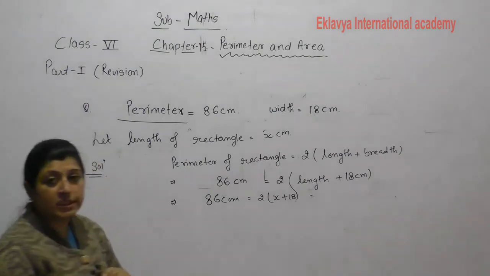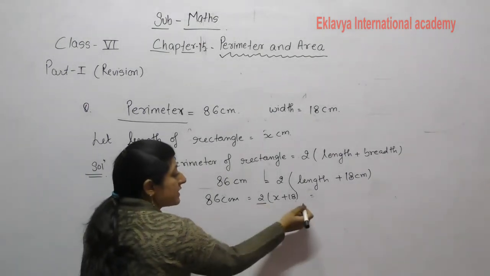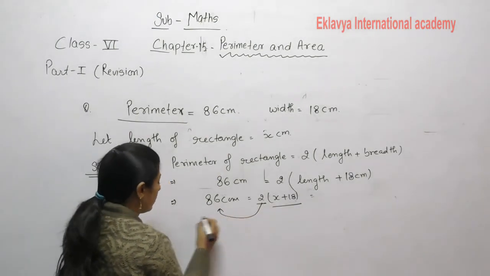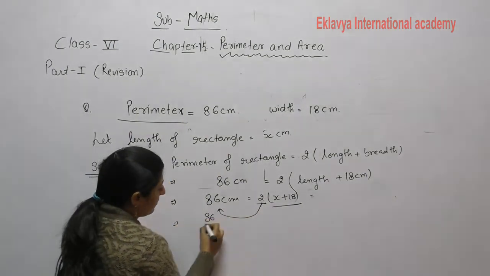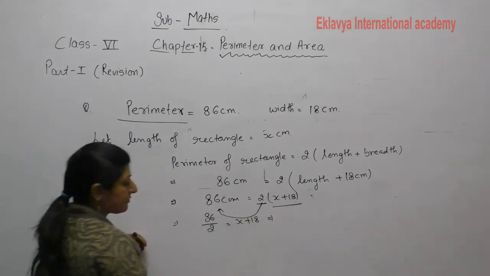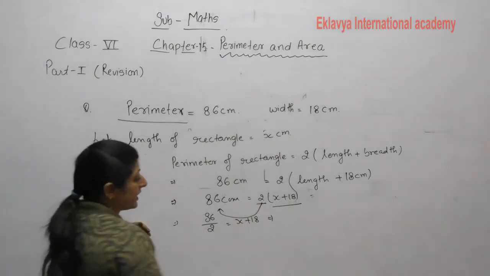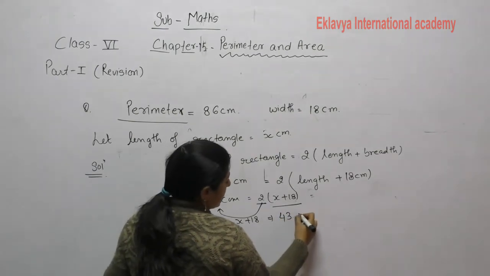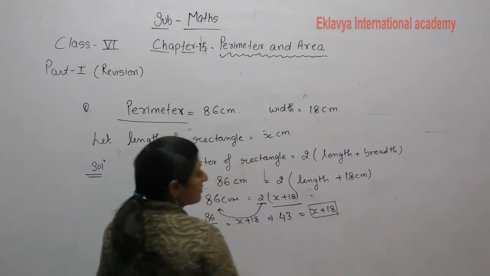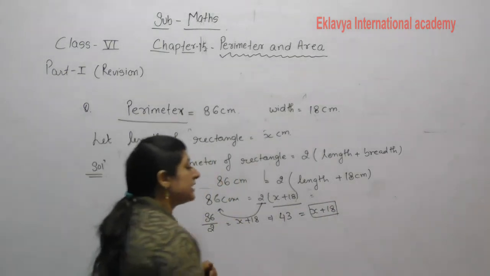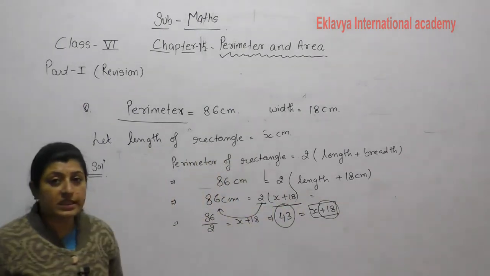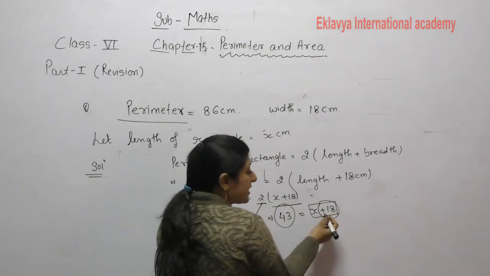Now how to solve this equation? This one is in multiplication. So when you change the side or transpose, we will take it in division. 86 by 2, that is 2 4s are 8, 2 3s are 6, so 43. Now see, on the RHS, this 18 is a constant and it is positive.